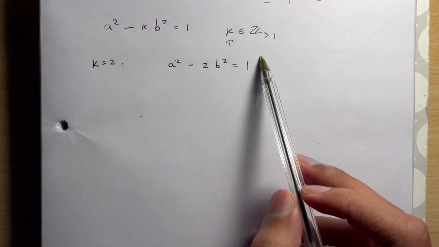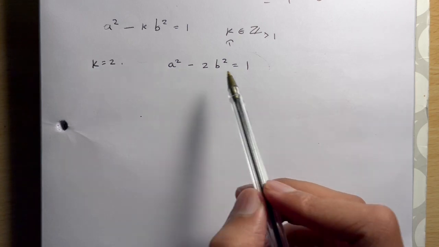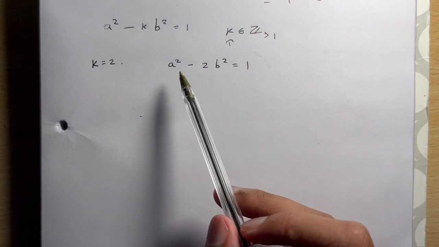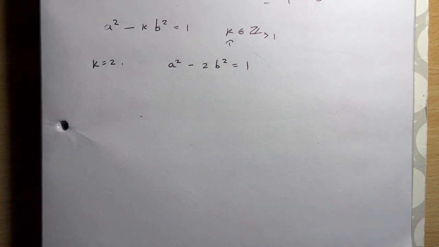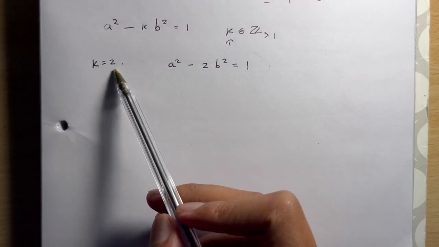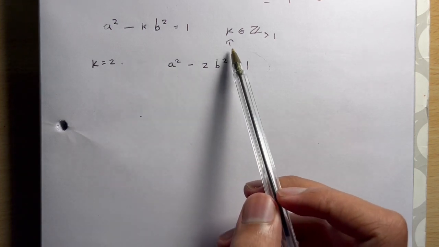So what we would like to do, to understand the solutions of this, is factorize it. What could be the reason behind that? Why would we want to factorize it in order to find the solutions? Well, because for k equals 1, factorizing it does help.